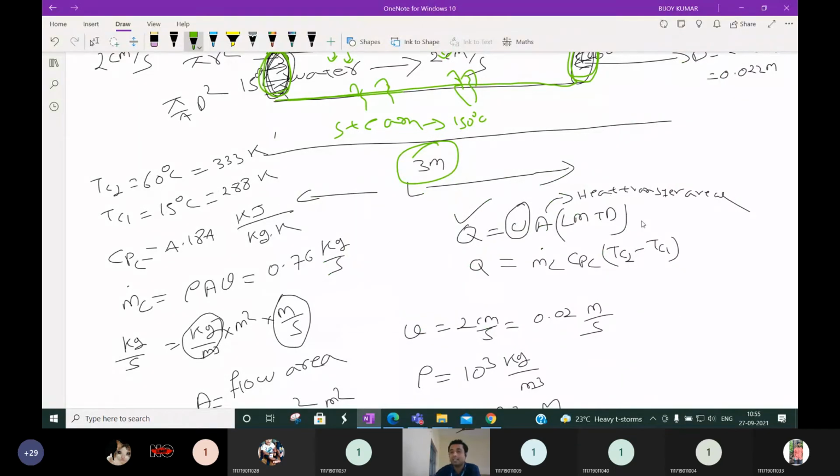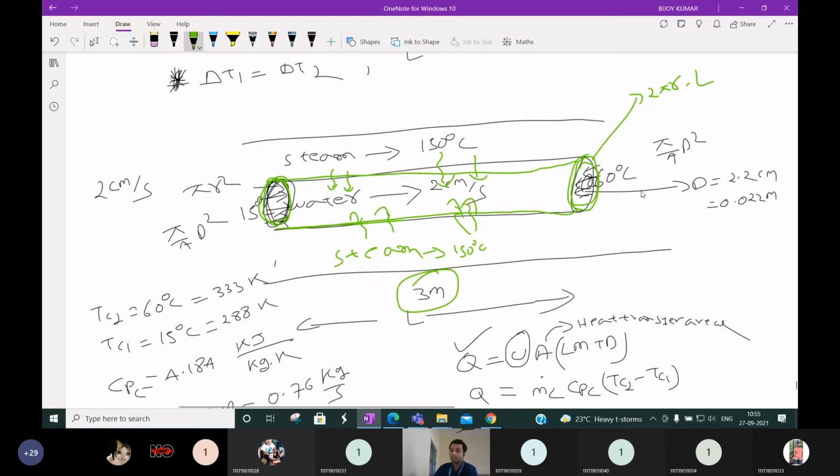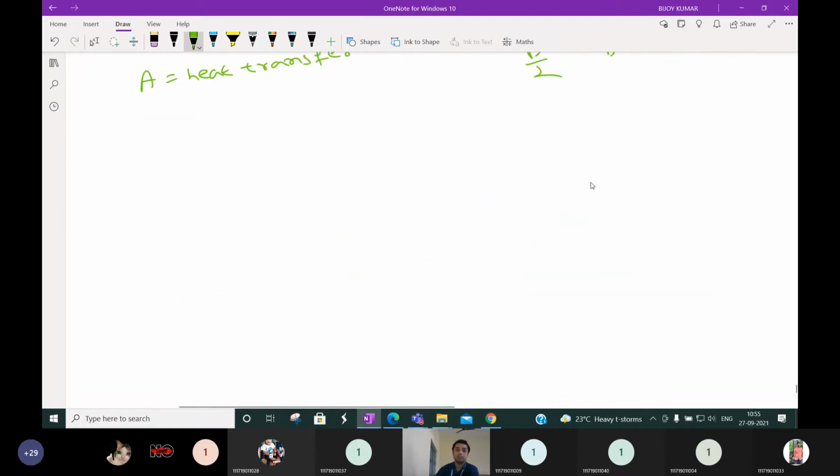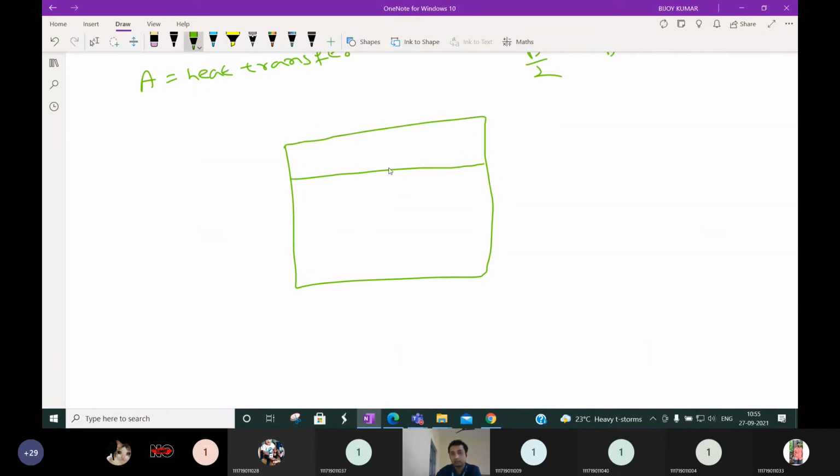A we calculate. Next is LMTD. LMTD is very easy. We know that the steam is flowing at 150 and the water temperature is 15 to 60 degrees centigrade. So let us do the diagram first for the calculation of LMTD. The steam is flowing at 150 degrees centigrade, and the water is flowing from 15 degrees centigrade to 60 degrees centigrade, in this direction only.